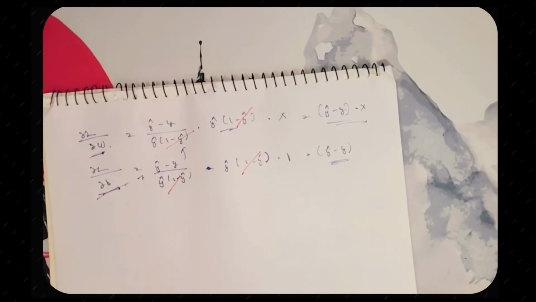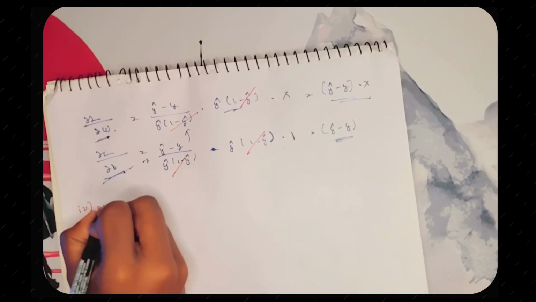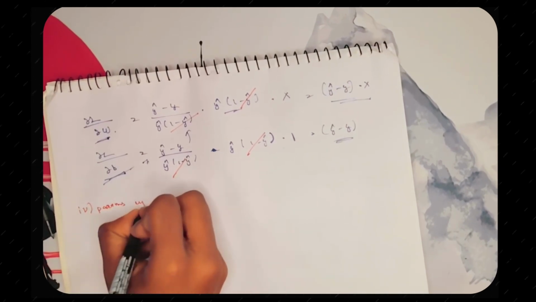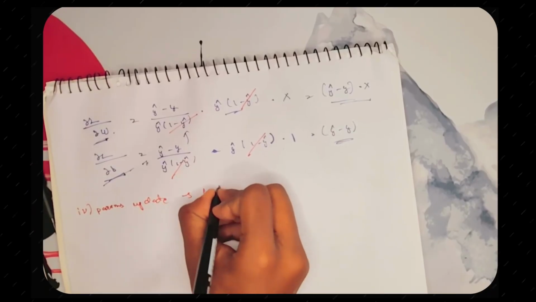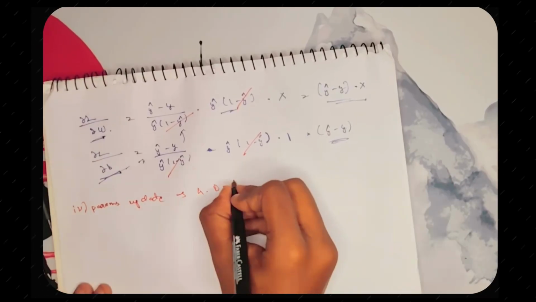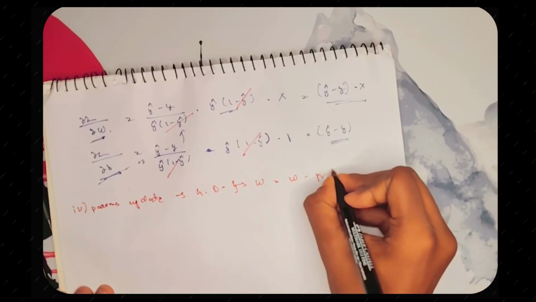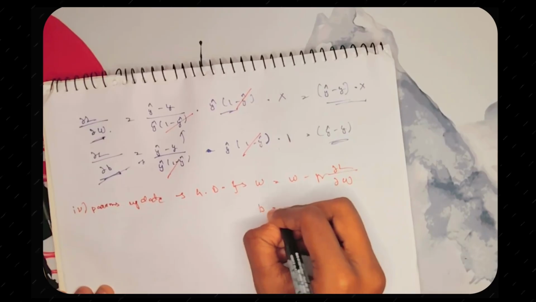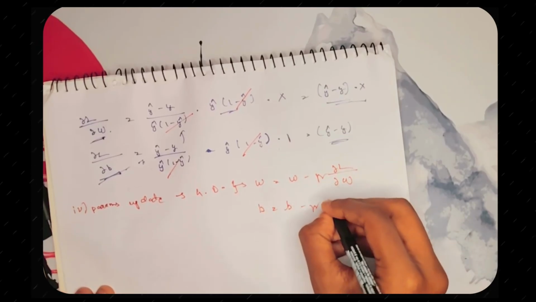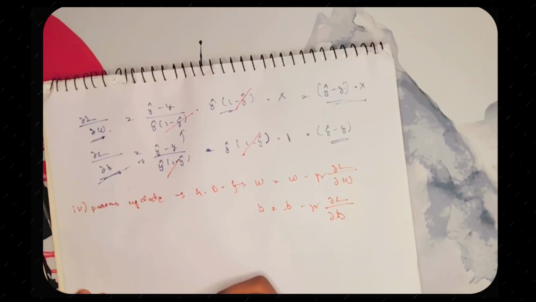And once we got it, we basically go to our 4th step, which is the parameters update. Here we use the gradient descent logic and we update our weights and biases. So weight is equal to weight minus eta times the derivative of loss with respect to weight. Similarly, bias is equal to bias minus eta times the derivative of loss with respect to bias.